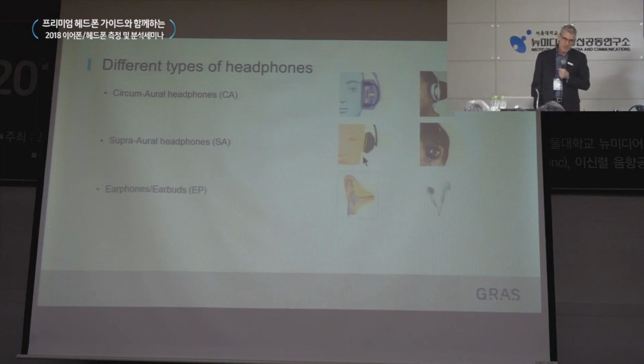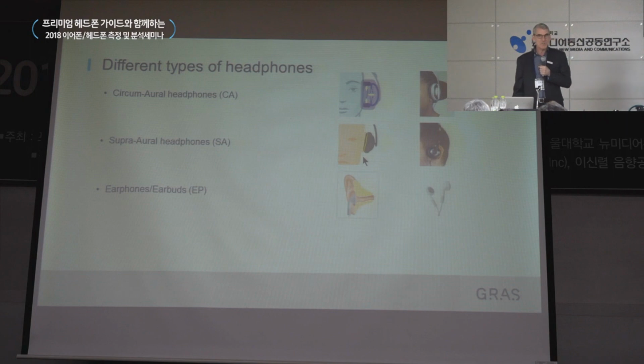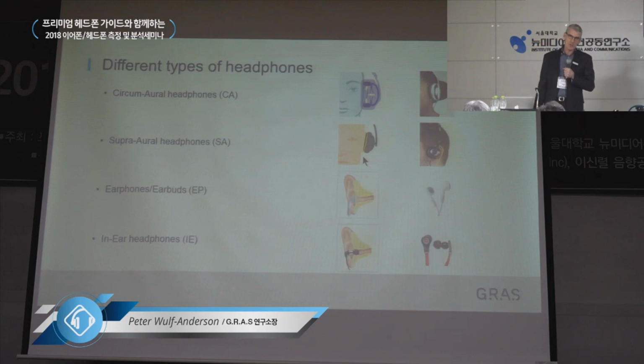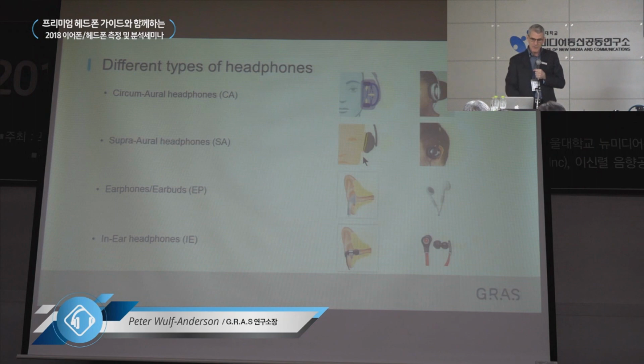We have the earbuds, little tiny ones that sit right at the ear entrance point, not all the way in the ear canal. And the last one are the ones that we push all the way into the ear canal. And they have these different shorts, CA, SA, EP, and IE, which you will see during my presentation.